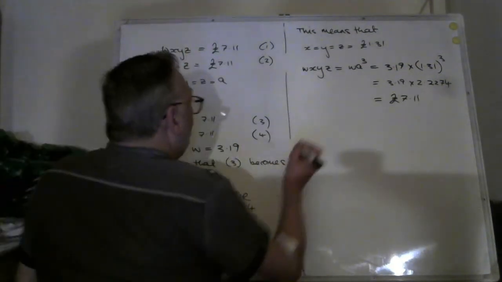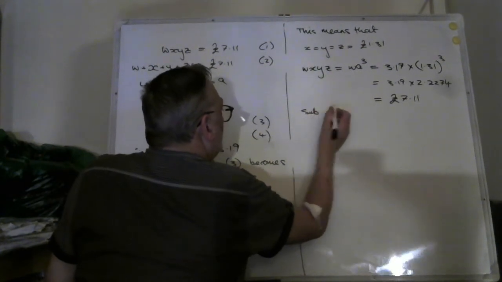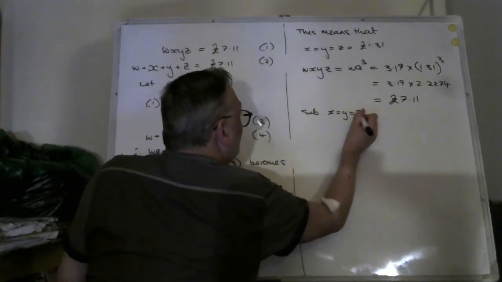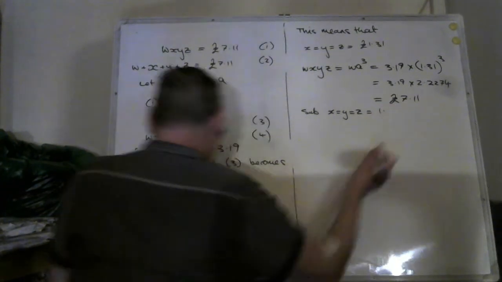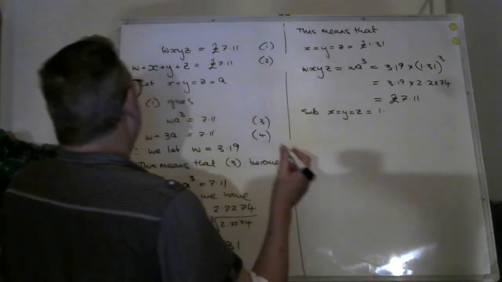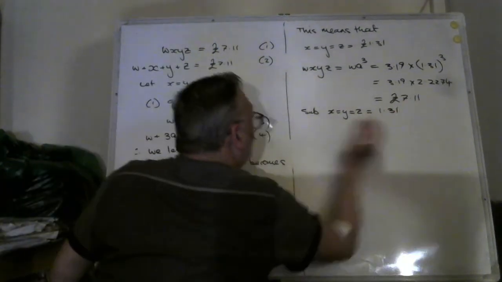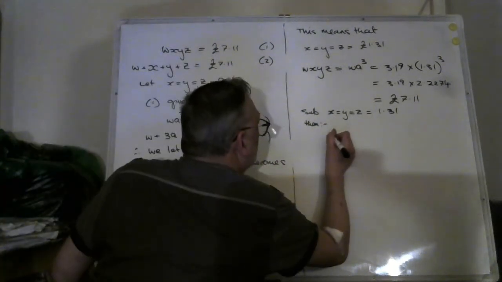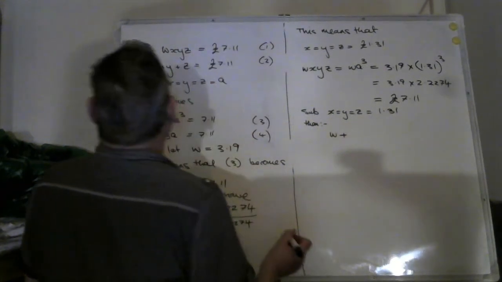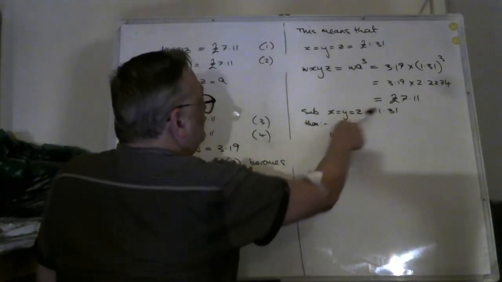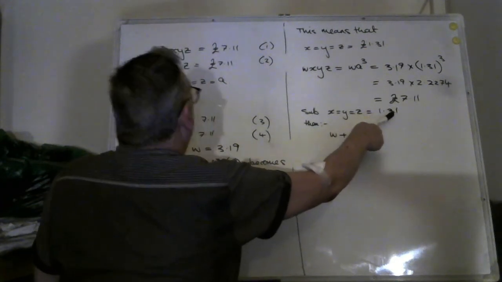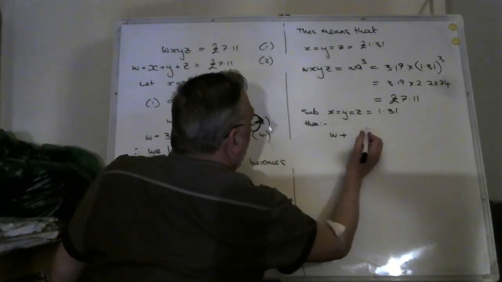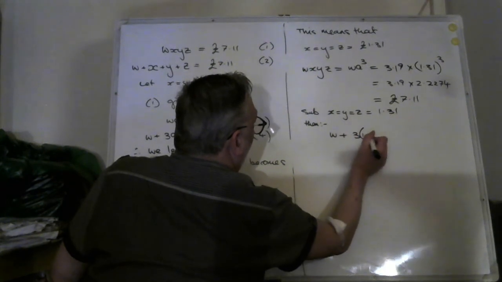But do all those figures add up to give 7.11 pounds, as in equation 2 here? Well, if we substitute x equals y equals z equals 1.31, then we have w plus, I should have said, so if you substitute x equals y equals z equals 1.31 into equation 2, for example, then we get w plus 3 times 1.31.